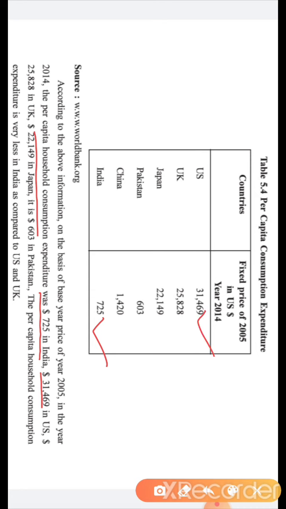In US, $31,469, and in UK it is 25,828, in Japan 22,149, and in Pakistan it is 603. So here it shows that US, UK, Japan, their per capita household consumption expenditure is much higher compared to what? Compared to India and Pakistan. So here it proves that the per capita household consumption expenditure is very less in India as compared to US and UK.